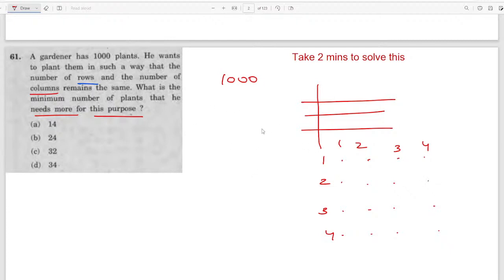So for example, if there are n columns and n rows, the total plants would be n square.